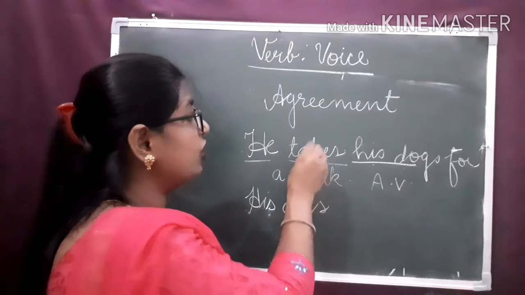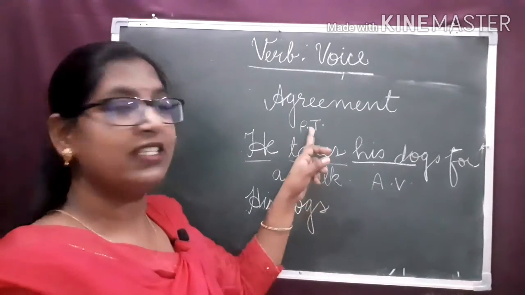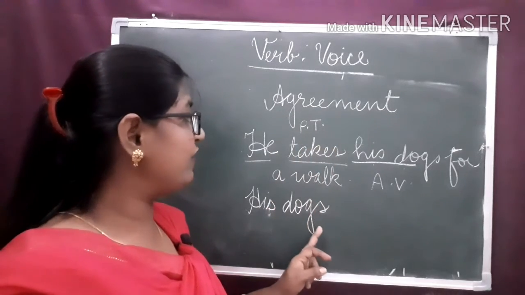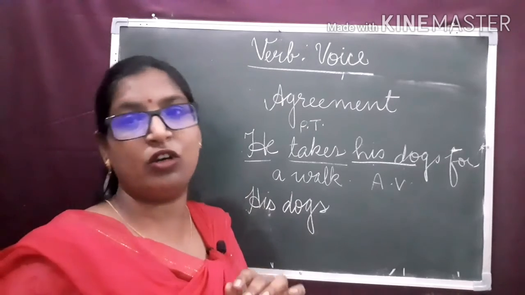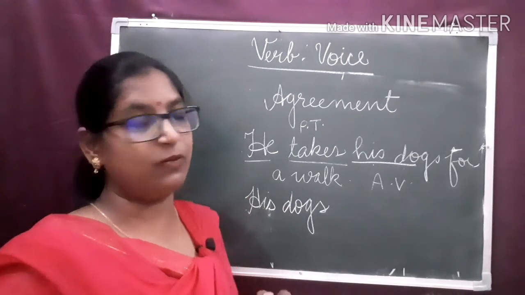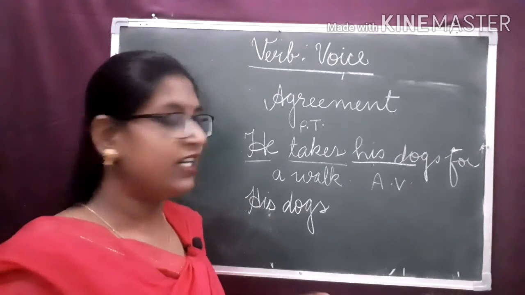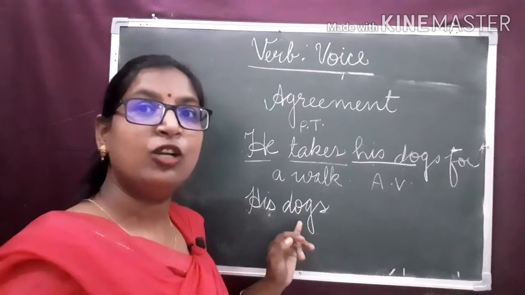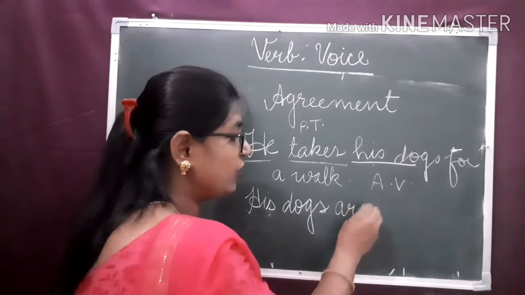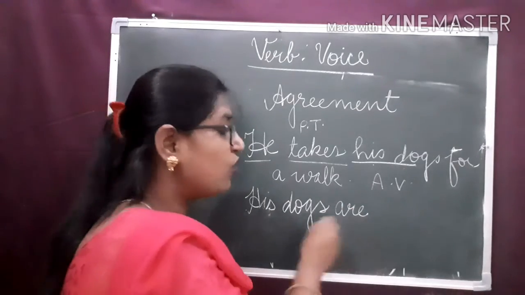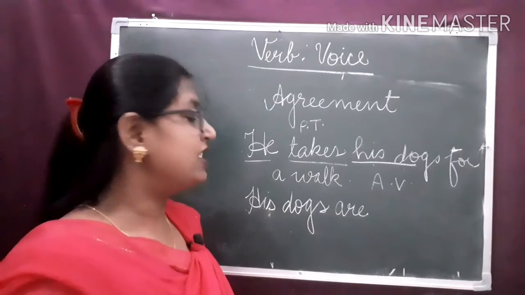And here the verb takes is in present tense. When we change a present tense sentence into passive voice, we use the be form of verbs plus the past participle form. The be forms in present tense are is, am, are. According to the subject, plural subject, plural verb. So the verb are is suitable here. This is called agreement. The verb should be according to the subject.